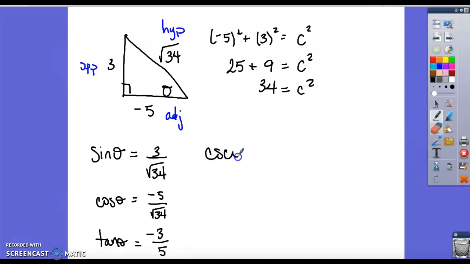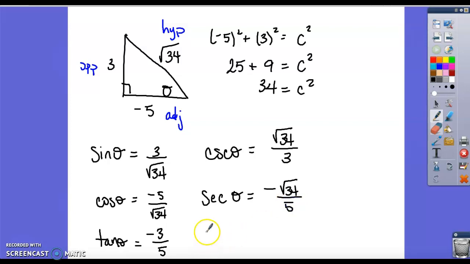Cosecant is the inverse of sine. Secant is the inverse of cosine, and cotangent is the inverse of tangent.